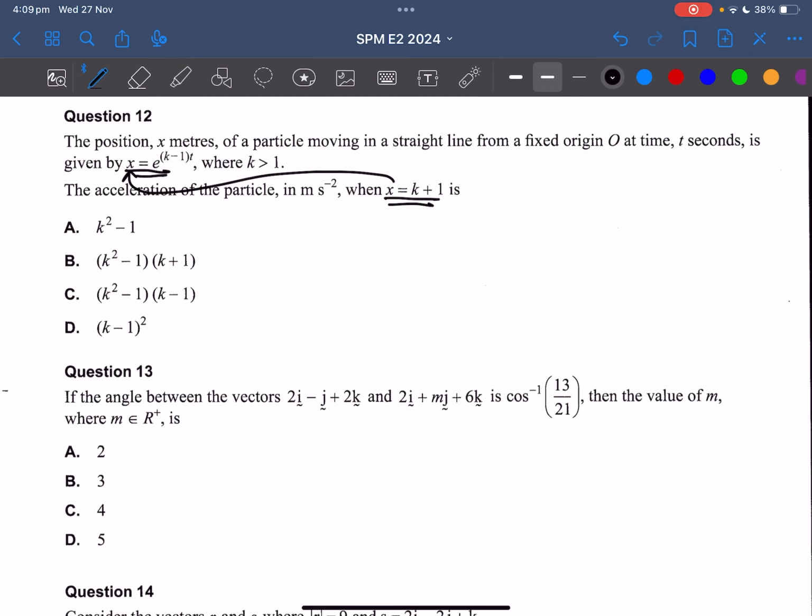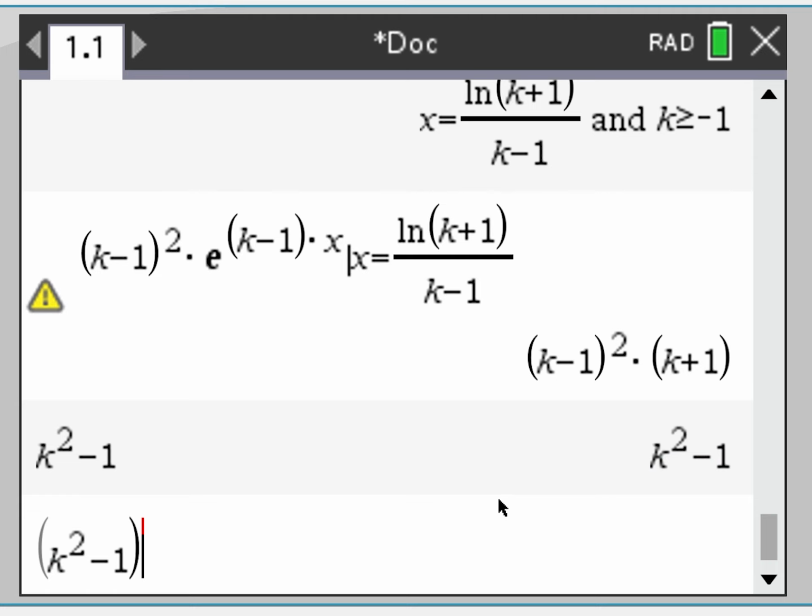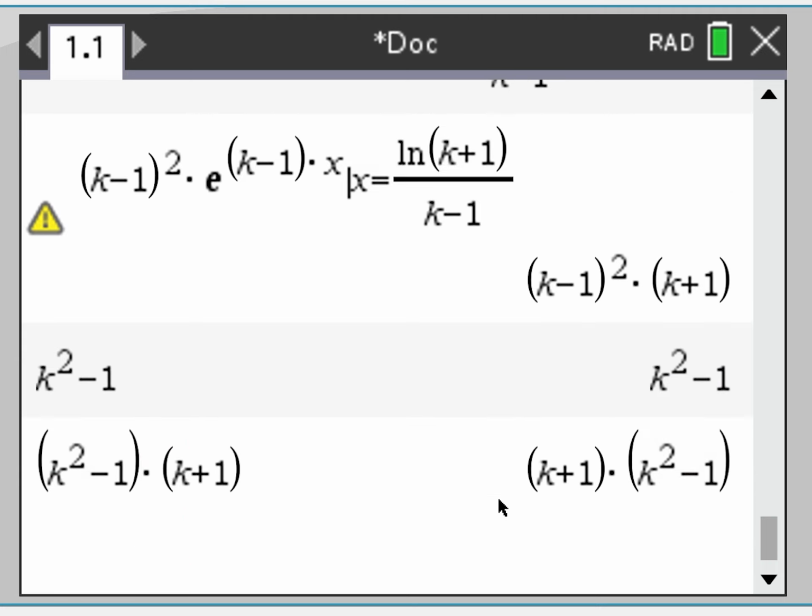So it's k squared minus 1 times k plus 1. And wait, what if I type it in? Maybe they're the same thing in different form. This one, and then times it by k plus 1.